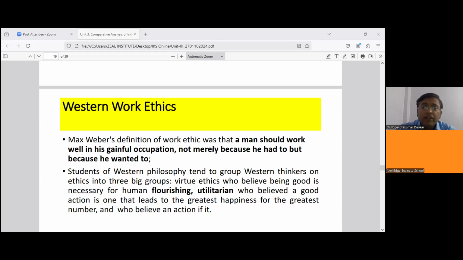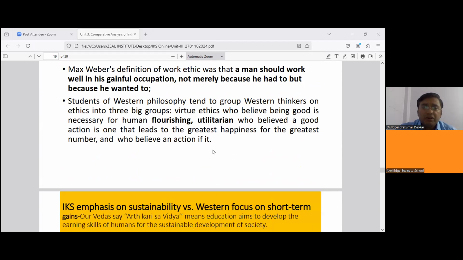So identify that job, that work which you like, so that you can love it and work very dedicatedly and sincerely. The beauty of the Western work ethic is that these people are so dedicated to their task. Even they forget their own self, the society, and their relationships. That much dedication they have for their assigned task, or I can say job. So what we can learn from these people is dedication.